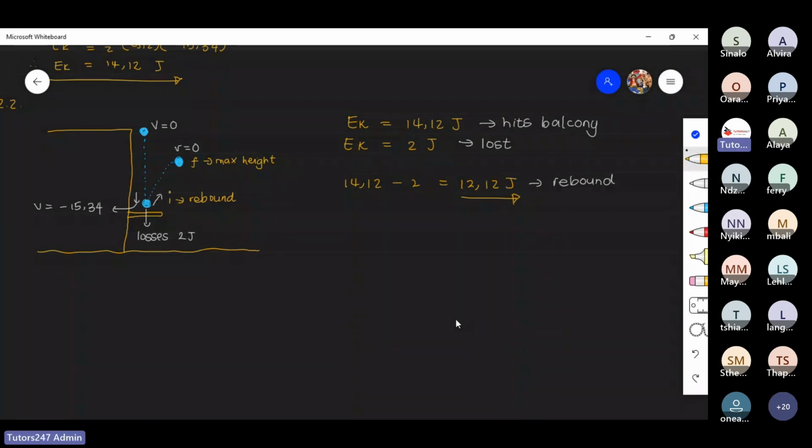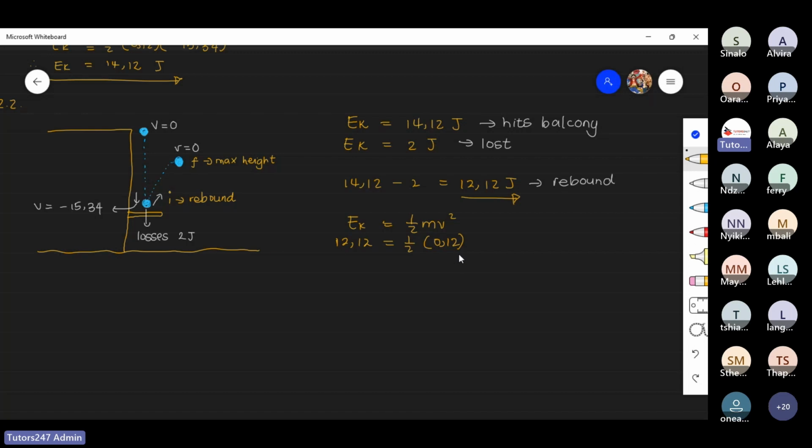So we now know the energy with which this object rebounds. So let us use our kinetic energy formula. We have EK equals a half mass V squared. So we substitute in place of our kinetic energy the energy with which the object leaves the balcony, which is 12.12 joules, is equal to a half times the mass of 0.12.